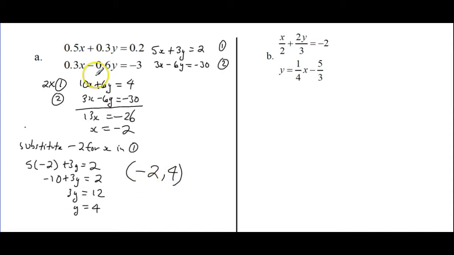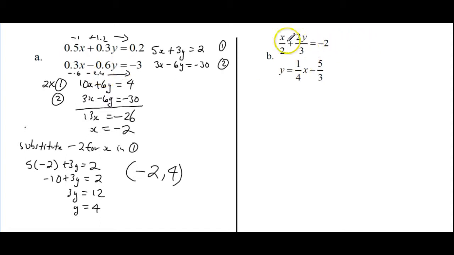We can do a formal verification of that or not. So negative 2 times 0.5 is negative 1 plus 1.2, and that will equal 0.2. And this will give me negative 0.6 minus 2.4, which will give us negative 3. So that works out in that case.